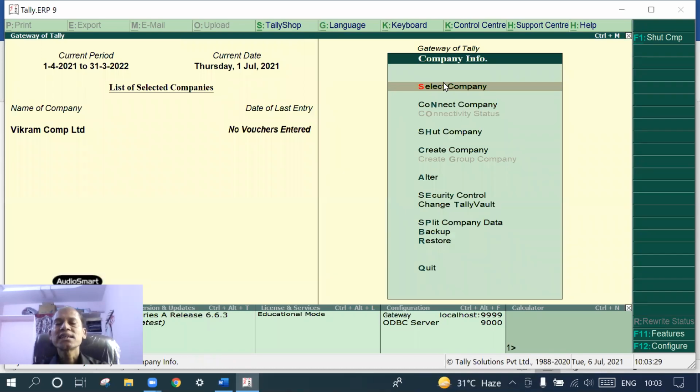If we select a company, we can go into the accounts of the selected company, modify, create the ledgers, enter the vouchers, all those things. Now in this problem, we are going to create a new company. I am clicking on create company.